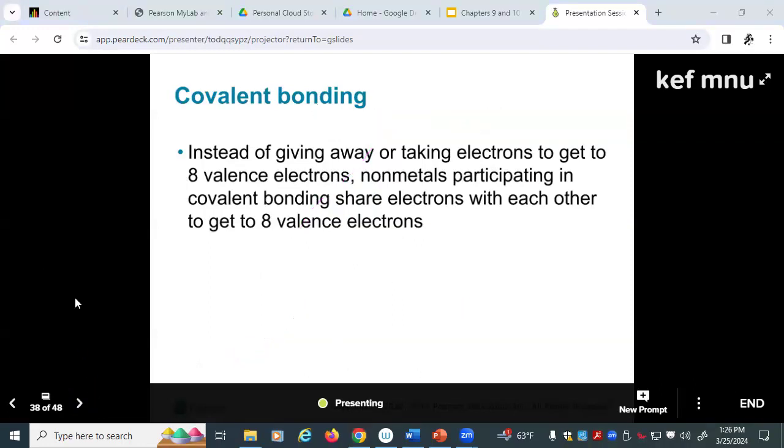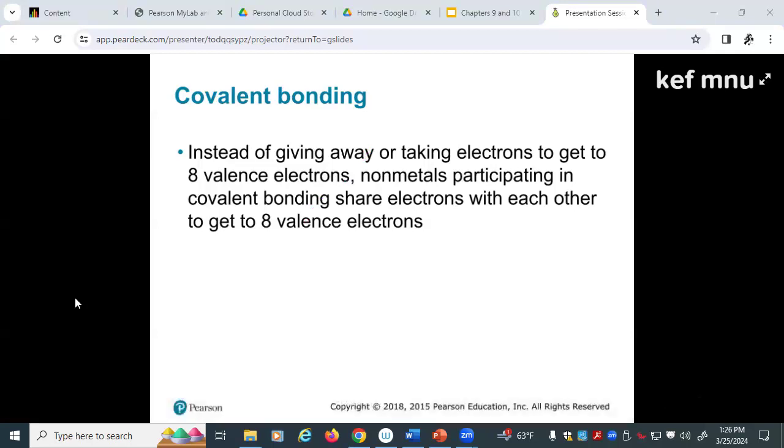All right, let's move off of ionic bonding. Let's talk covalent. Now, the key trick to covalent bonding is that we have to get away from the idea that the electrons are being exchanged, that they're leaving in company. What we need to think about instead is that those electrons are being shared.